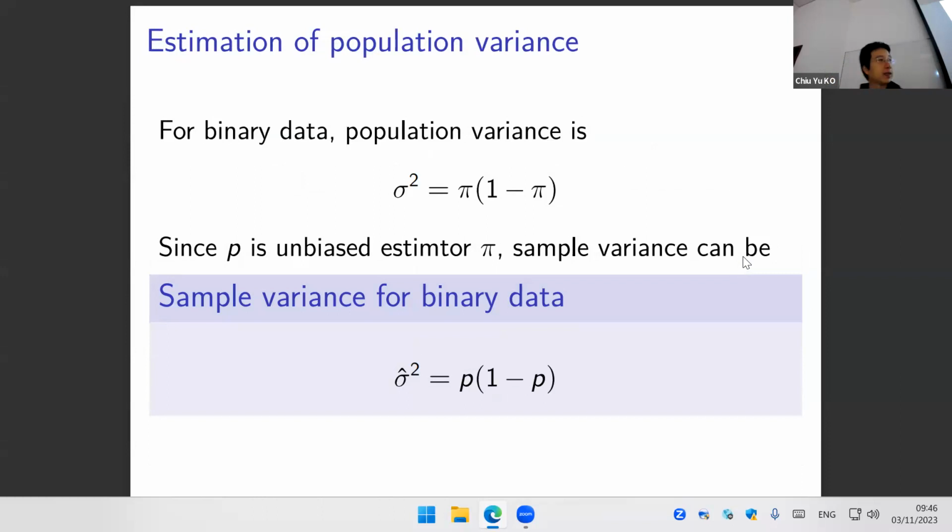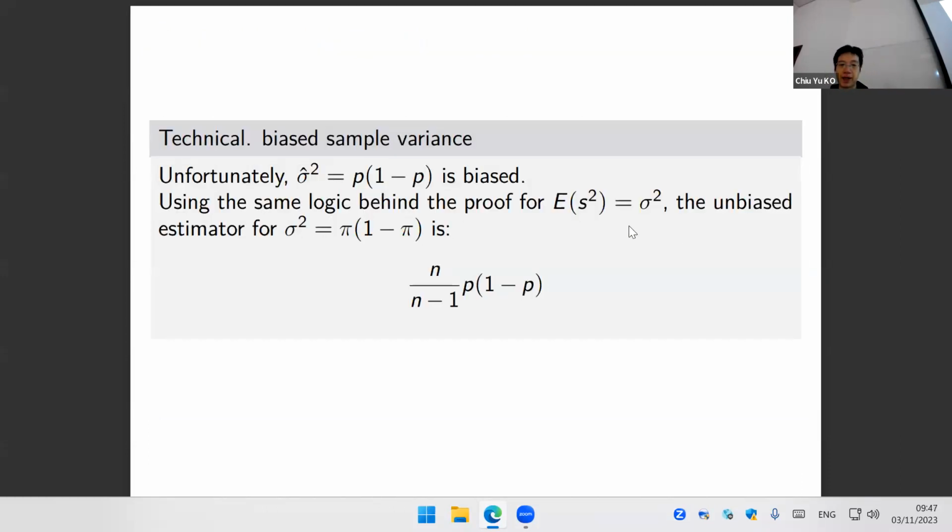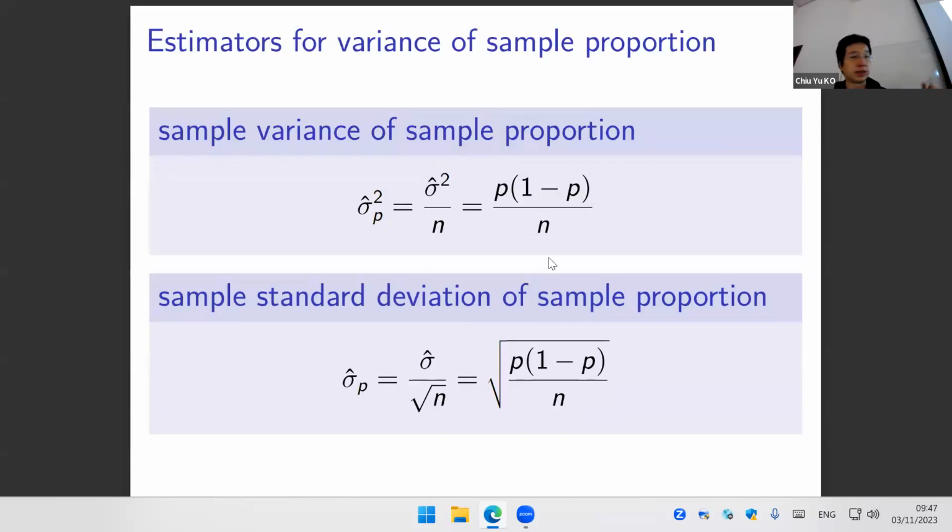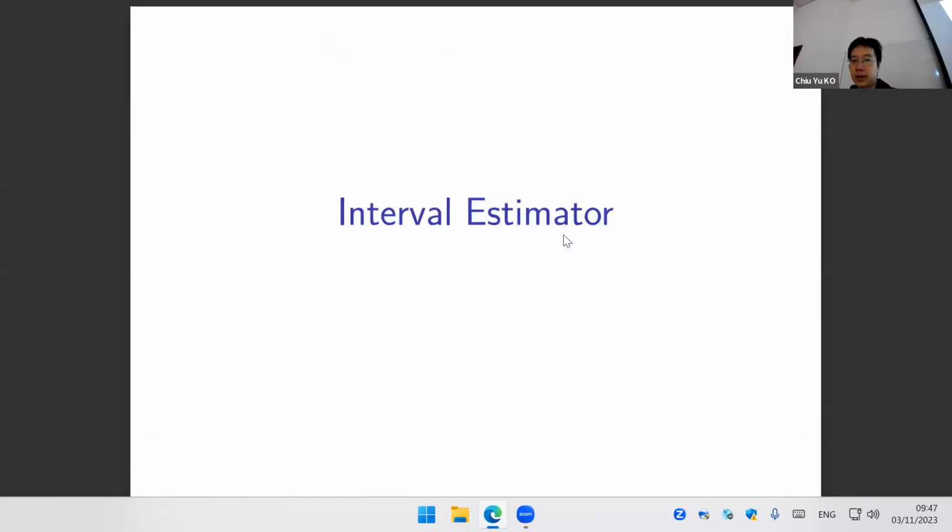Although it is biased, we still use it because the bias of the unbiased version is not a big deal, since n in this case is usually very big. So you don't need to worry about this part. Then you just have the formula there.